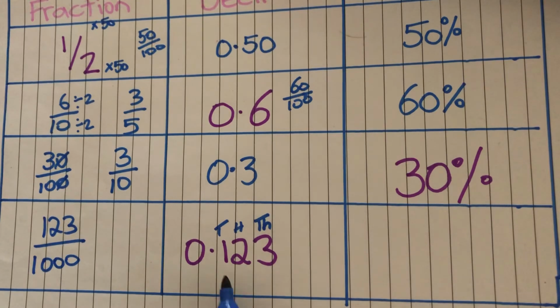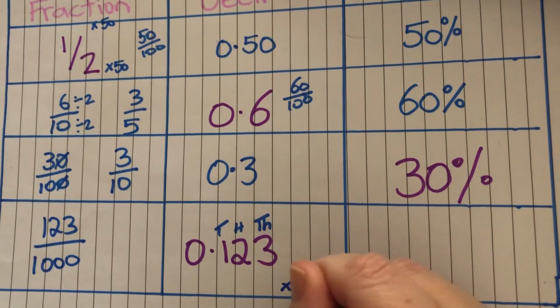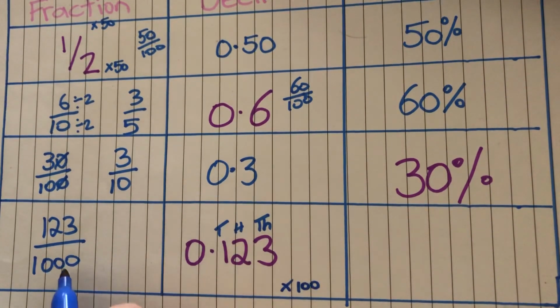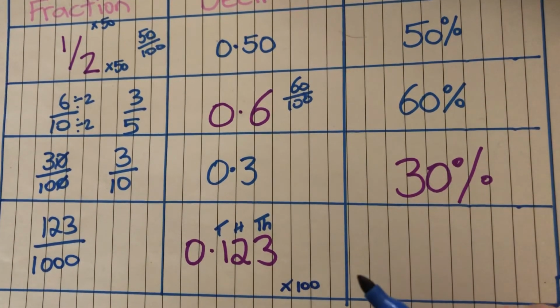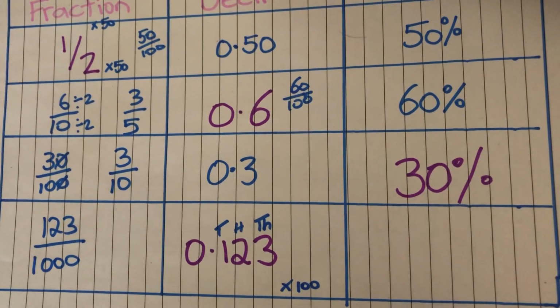So how do we work that out to be a percentage? Well, if we've got 0.123 here, all we need to do is multiply that by 100. What that does is it moves our numbers in the place value system. You will have heard me and probably your primary school teachers naughtily say that we move our decimal place. That's not really what happens. It's the numbers that move across. But for ease of explanation, sometimes we say that.